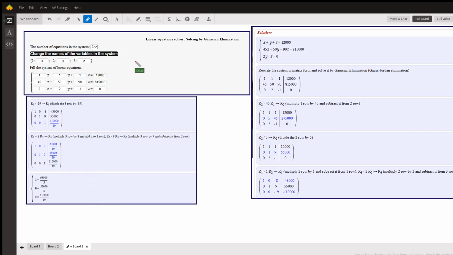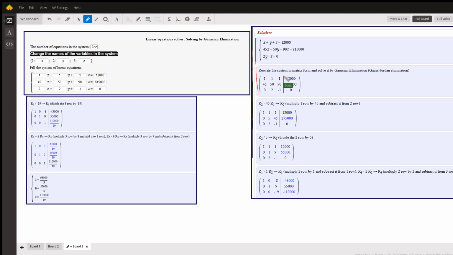Gauss-Jordan elimination. I'll point you to a website that allows you to do the Gauss-Jordan elimination to solve a system of 3 or more linear equations. These are the steps. Here's the original system. Rewrite the system in matrix form.